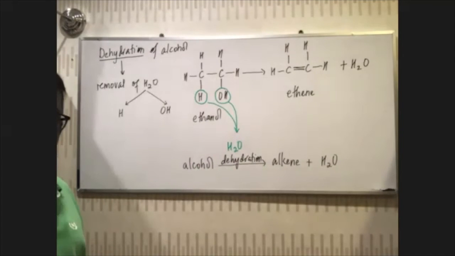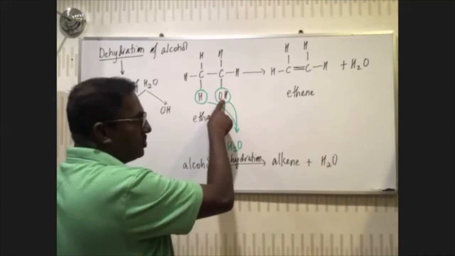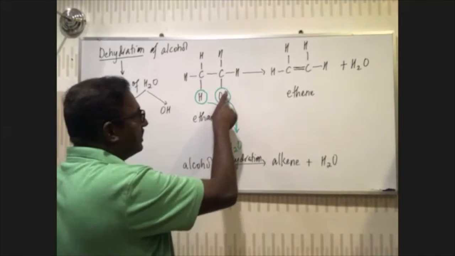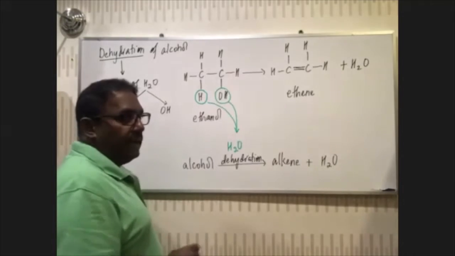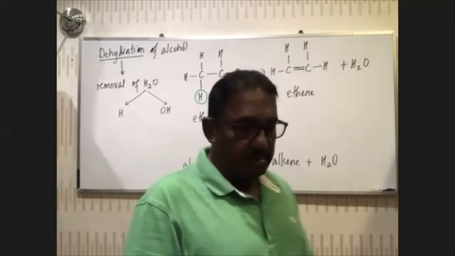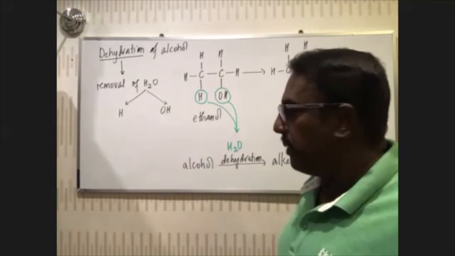A few points which are known as examination pointers. Number 1, look very carefully. This hydrogen atom combines with this OH. Now the question is, can this hydrogen and this OH combine and cause dehydration? Can that happen? You think for a moment and tell me.